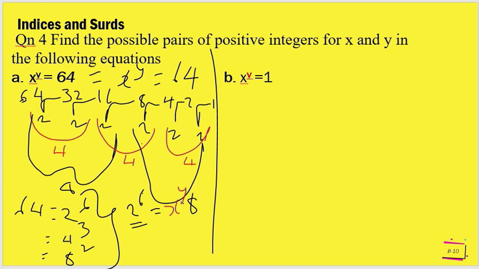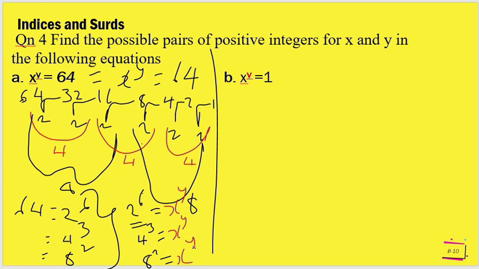The second category of x and y is 4 power 3, meaning that 4 will be x and y becomes 3. And the final category is 8 power 2, whereby 8 is x and y becomes 2.